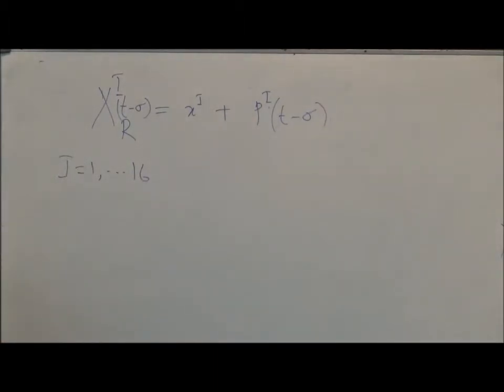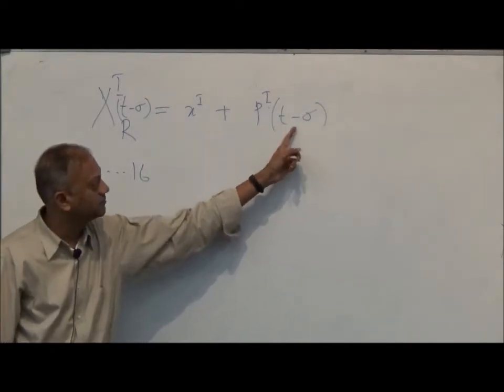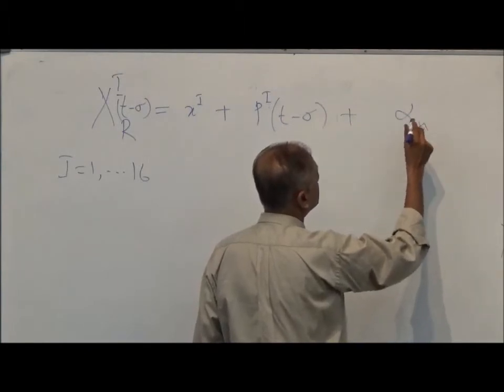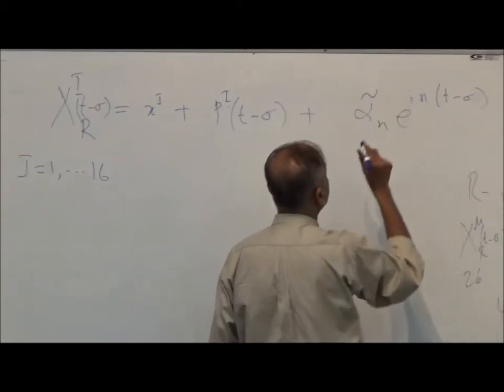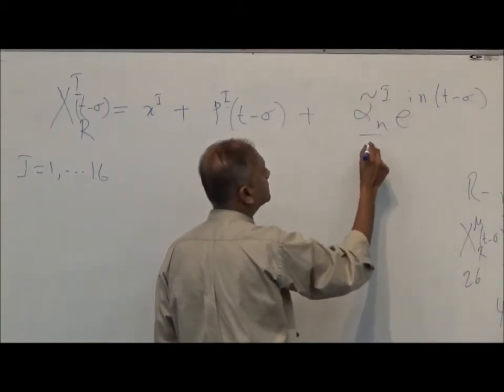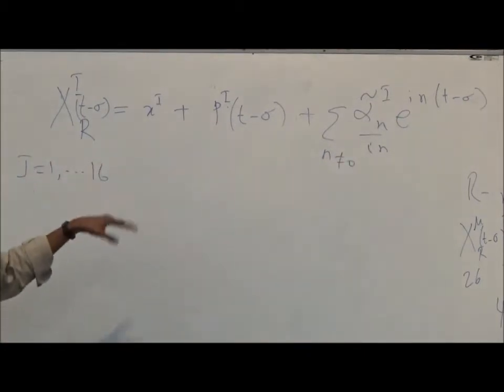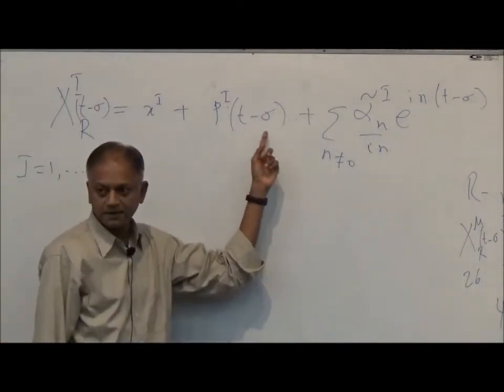For the usual x^mu, you just have p^mu t, but now t must come with a sigma. And then you have the oscillator modes, alpha_n, e to the i n (t minus sigma). Something like this. I'm not being very careful with alpha primes and so on; alpha prime you can put by dimensional analysis. The important point here is that this depends on t minus sigma.